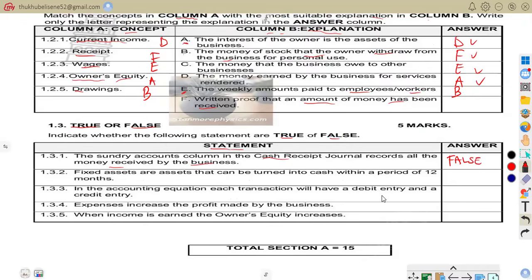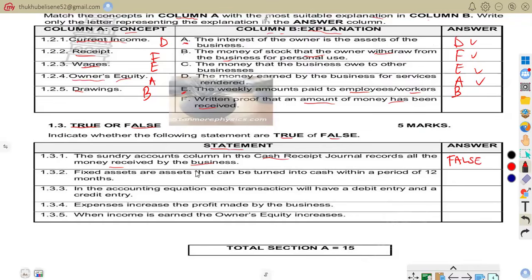As our statement on 1.31 says, the sundry accounts column in the cash receipts journal records all money received by the business. We are saying it's false.